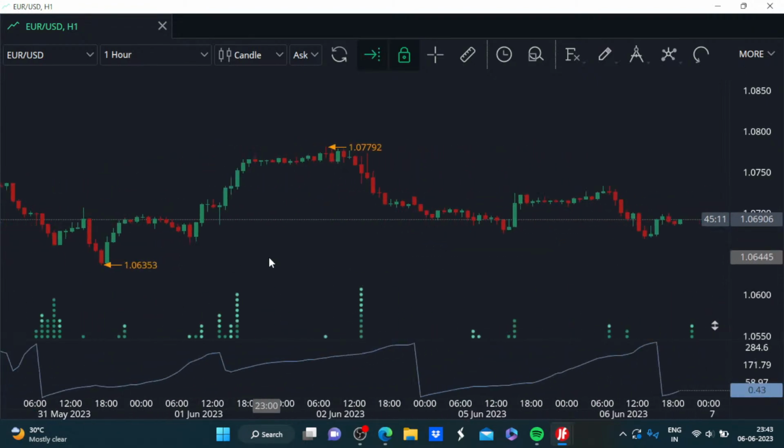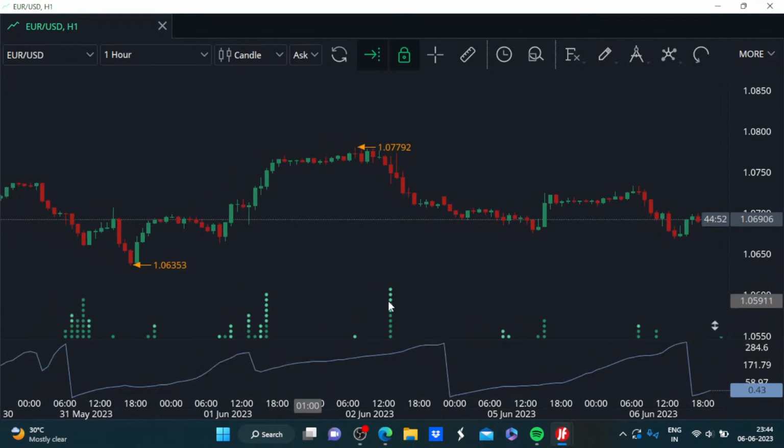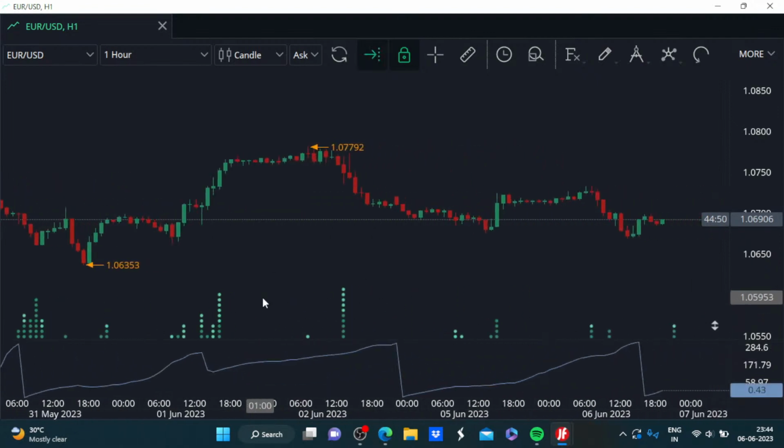Now in the plotting of the indicator itself, you can see that this output is not really plotted in a linear fashion. There are sudden shifts in the plotting.